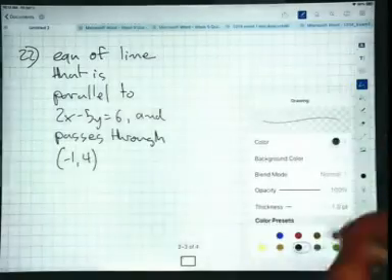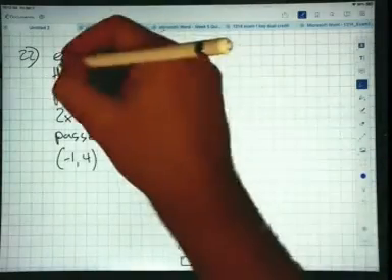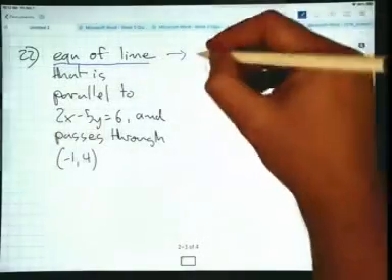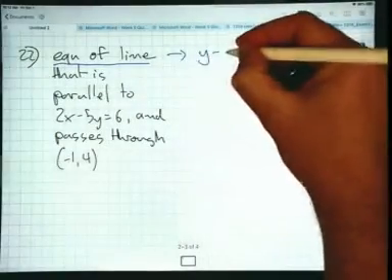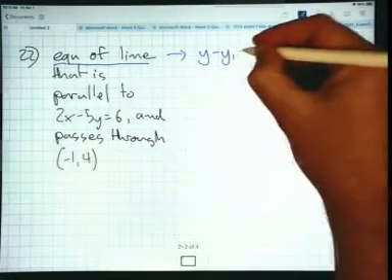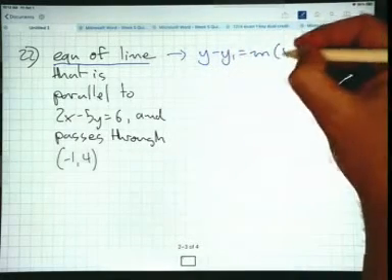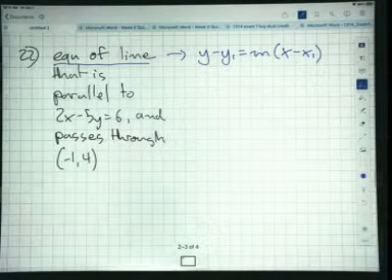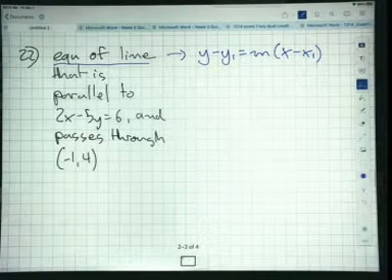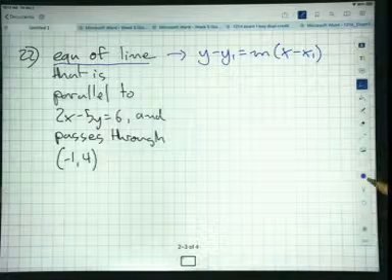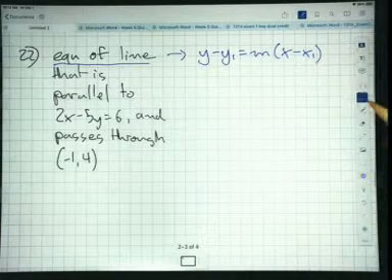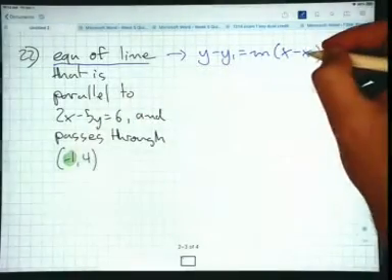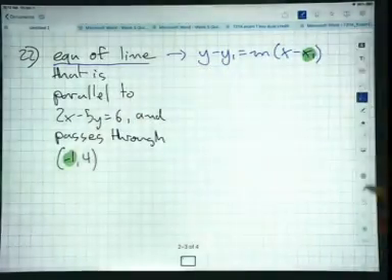So, when we talk about the equation of a line, our starting point is typically going to be y minus y sub 1 is equal to m times x minus x sub 1. This is our point slope equation. We already know what x sub 1 is.